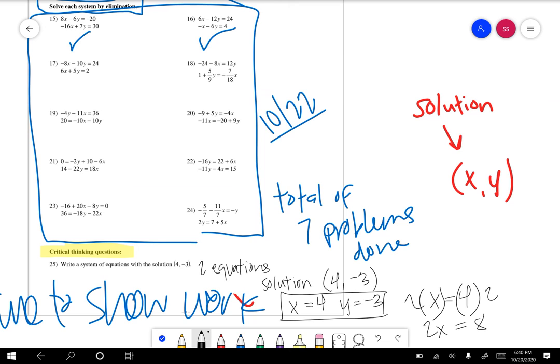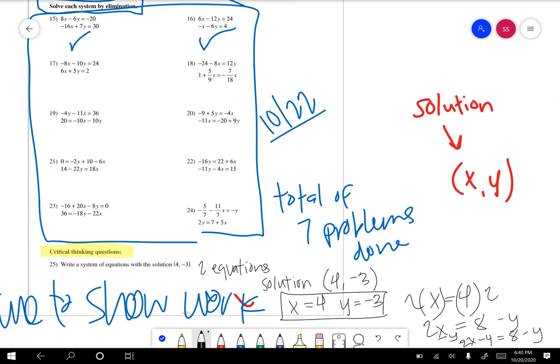And then maybe you can subtract y from both sides and get 2x minus y equals 8 minus y. And then maybe multiply again or divide or whatever you want to do. Okay, so that's one way you can think about writing equations with a specific solution.